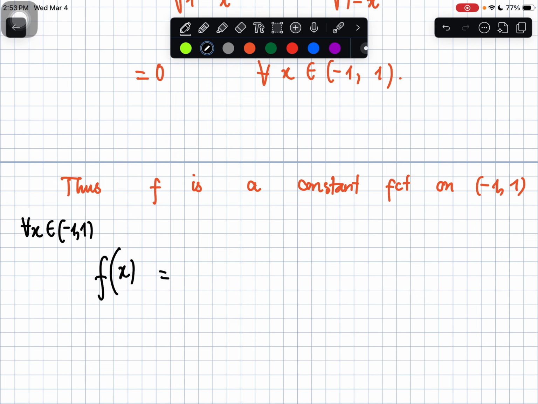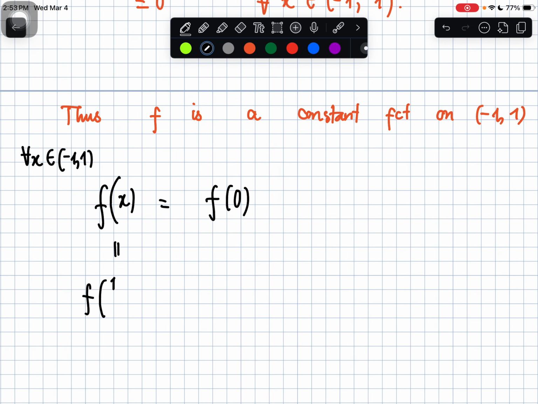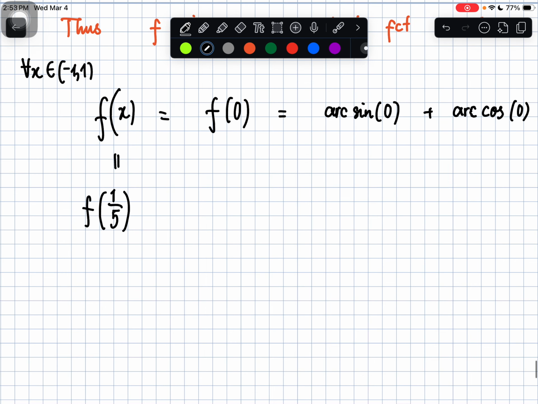I can choose a value of x that I feel is easier to compute. Choose it to be f at 0. So instead of computing f at 1/5, I compute f at 0, which is arcsin at 0 plus arc cosine at 0. Here's our unit circle.